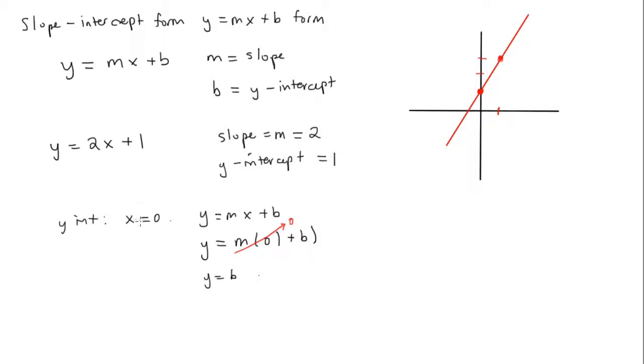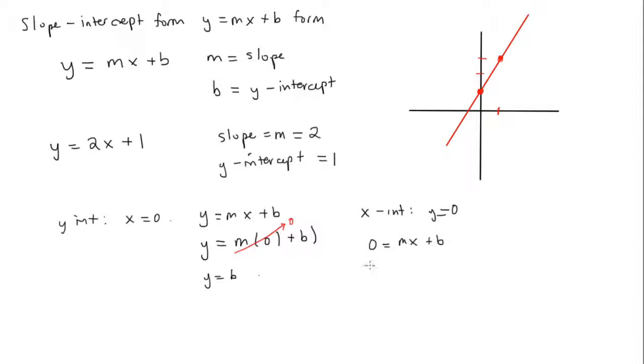We could also find the x-intercepts. The x-intercepts aren't apparent from the form of the line. We actually have to do a little bit of algebra. So to find the x-intercepts, we set y equal to 0. So for those we get, if y is 0, 0 equals mx plus b.